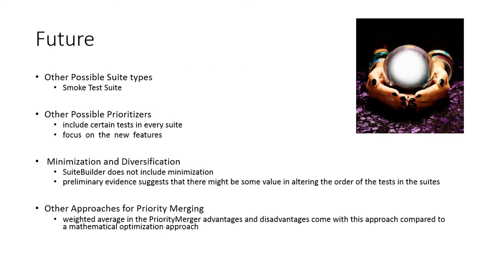When looking into the future of the suite builder product, what could be considered is other kinds of suites. Now they're only using it for regression tests, but they could, for example, use it for smoke tests. Other prioritizers, for example, looking into new features. They don't do minimization at all.